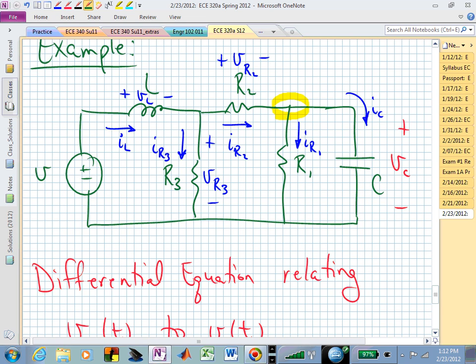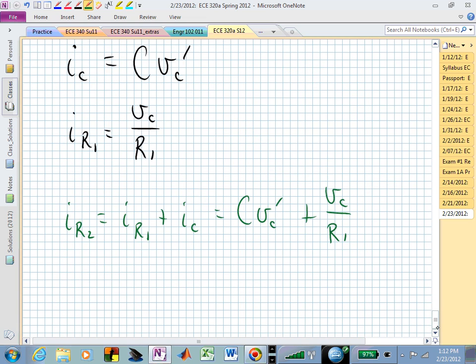V sub R sub 2 is just R sub 2 times that current I just found, I sub R sub 2. So now I have V sub R sub 2 is simply R sub 2 I sub R sub 2, which now says that I have R sub 2 C V sub C prime plus R sub 2 over R sub 1 V sub C. Again, that quantity, V sub R sub 2, is in terms of parameters and the output voltage or the capacitor voltage.